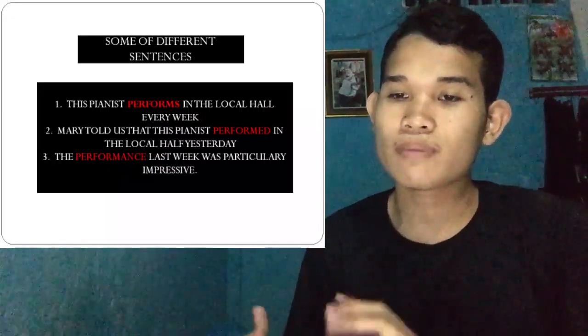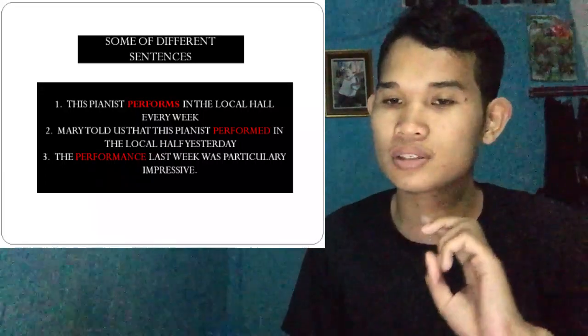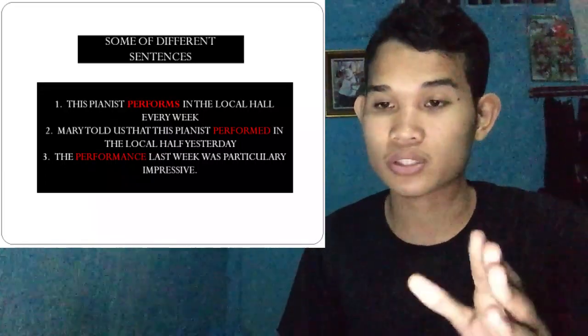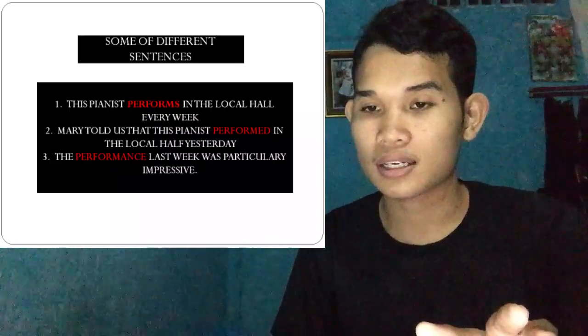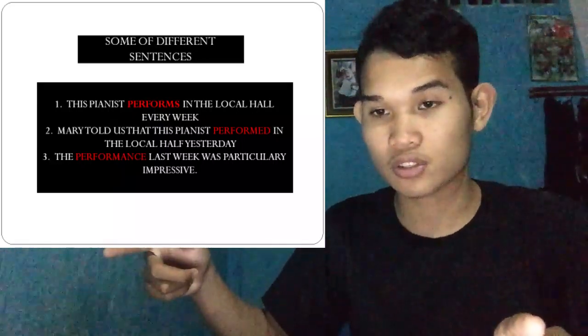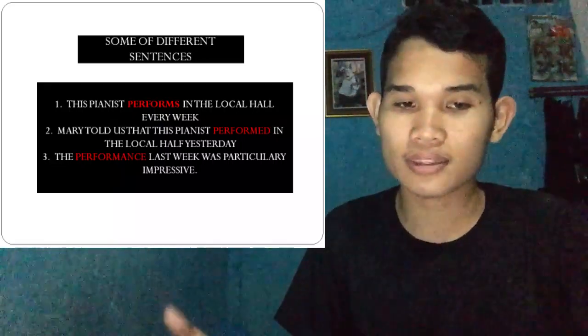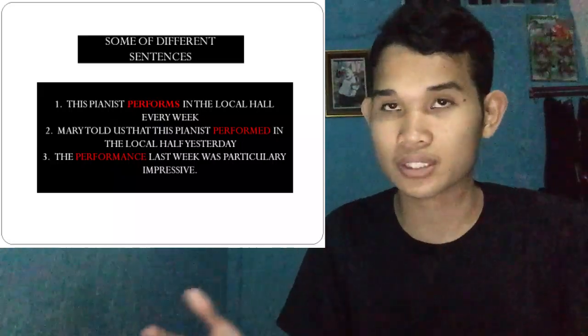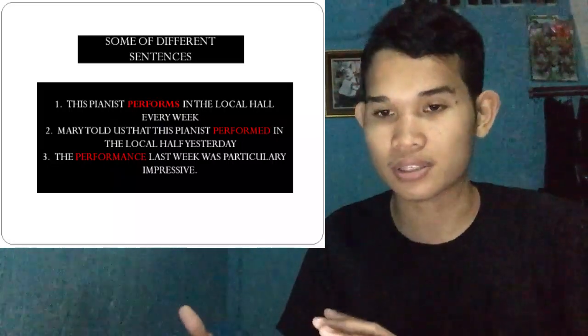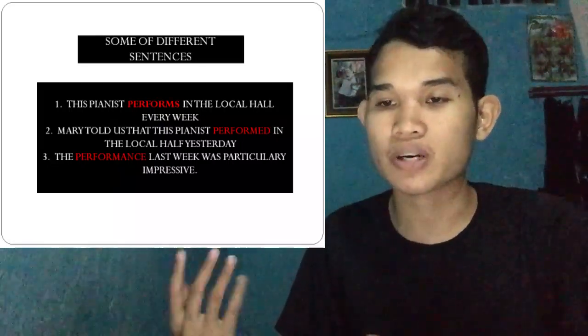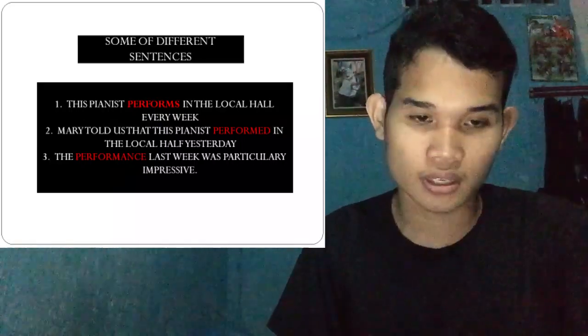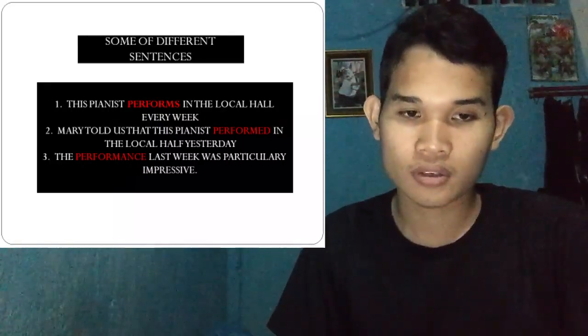So number 3, the word performance, is a noun, with ance. It's really clear based on the sentence: the performance last week was particularly impressive. You know what I'm saying?